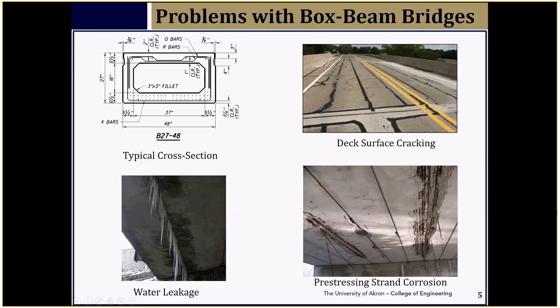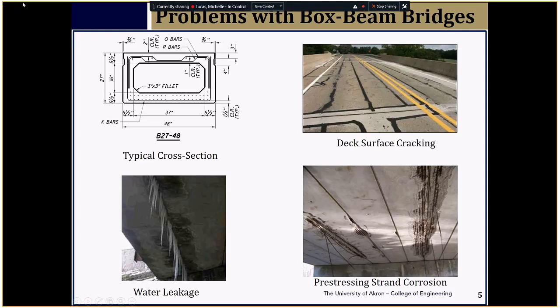In this slide, on the top left-hand side, you see a typical cross-section of a box beam. This is a precast, prestressed concrete box beam, and all these box beams are pre-tensioned.